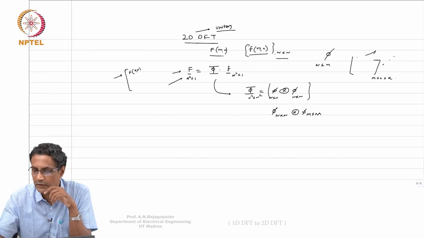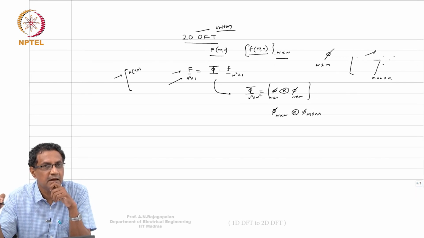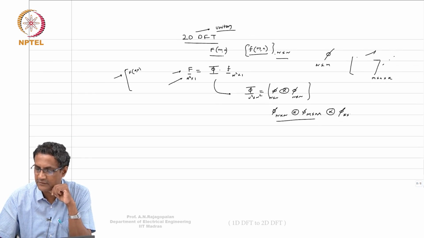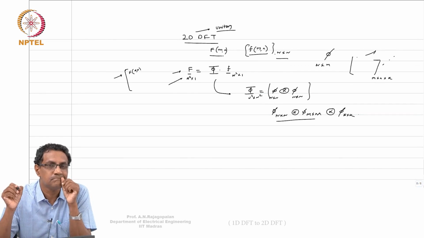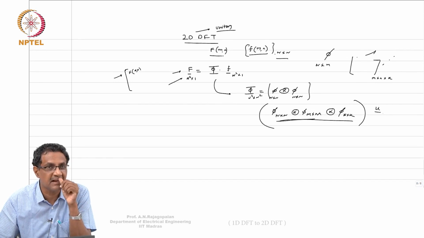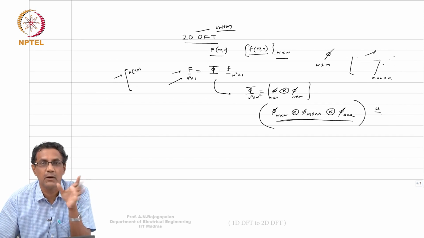Now if you wanted a 3D DFT, what would you do? You would add one more Kronecker, which will be phi of size k cross k. So this will multiply u, which will be of size m into n into k by 1.